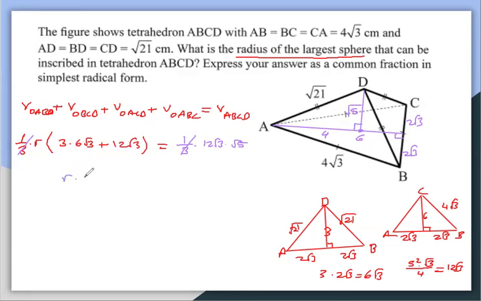So R times 30√3 is going to be 12√3 times √5. These also cancel, so divide by 30, and we'll get R as 12√5 over 30, divided by 6, so that should be 2√5 over 5. So I think this is my answer.